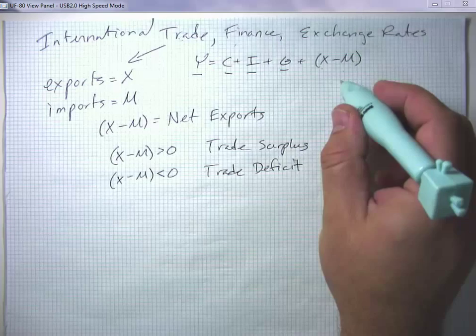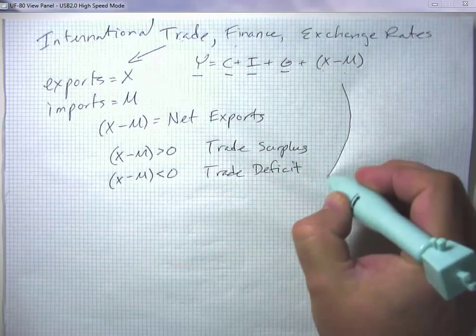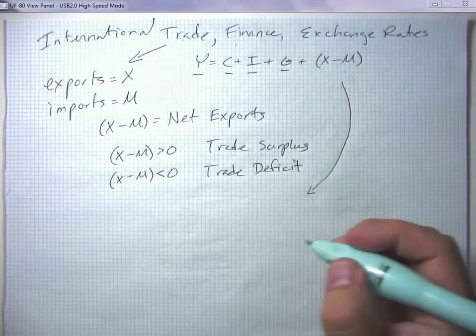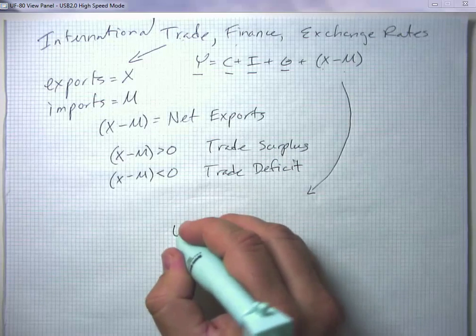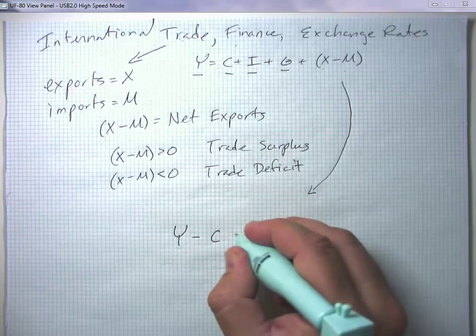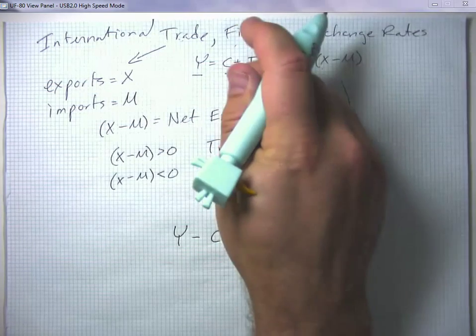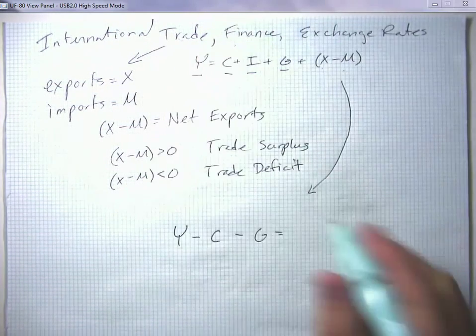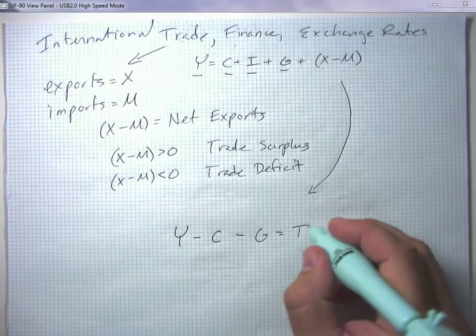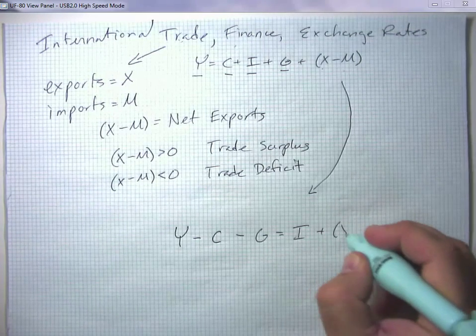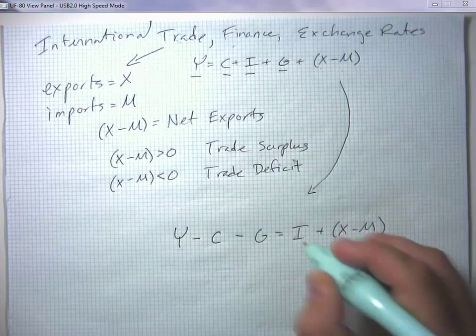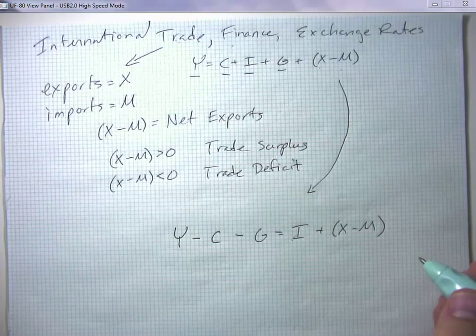Because remember, we can also take this GDP accounting equation and move some terms over here. So we're going to move the C and the G over to the left-hand side, and that leaves us with investment spending and net exports on the other side.